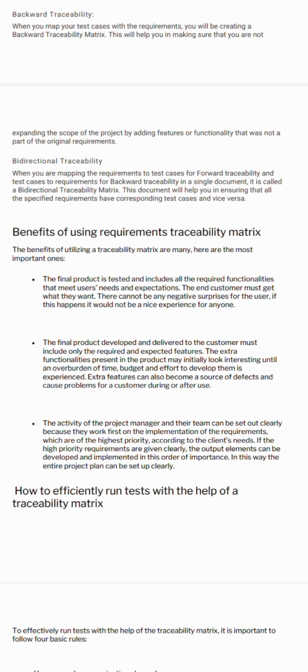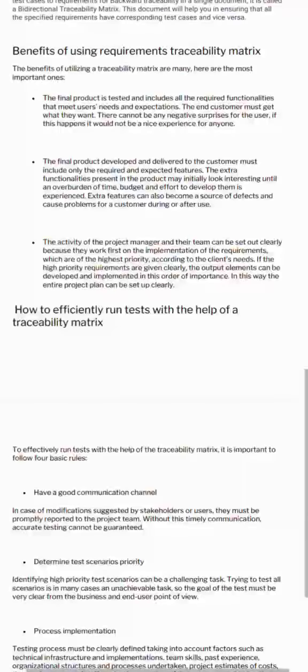The final product is tested including all requirement functionality for users' needs and expectations. Then the final product developed and delivered to the customer must include the requirements and expected features. Finally, our product is delivered to the customer. It must be checked that it includes only requirements and expected features for users.